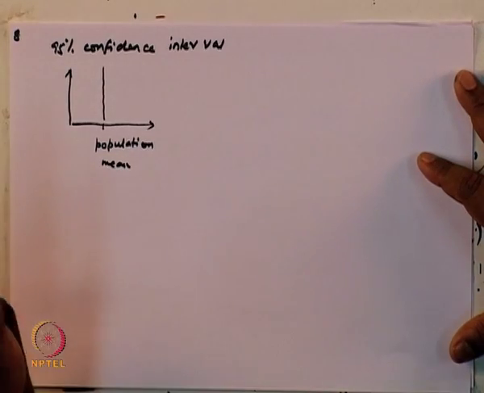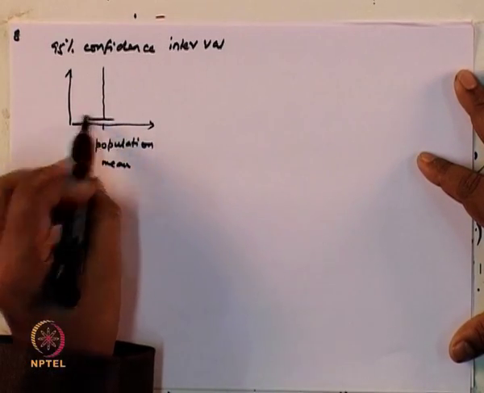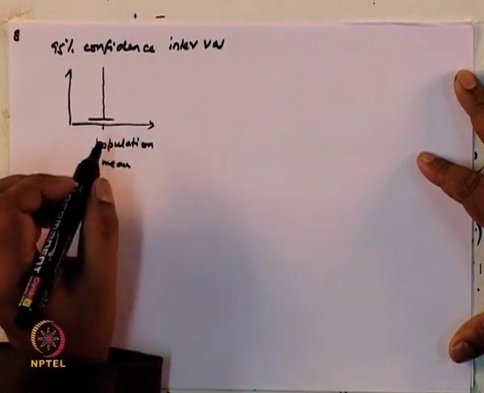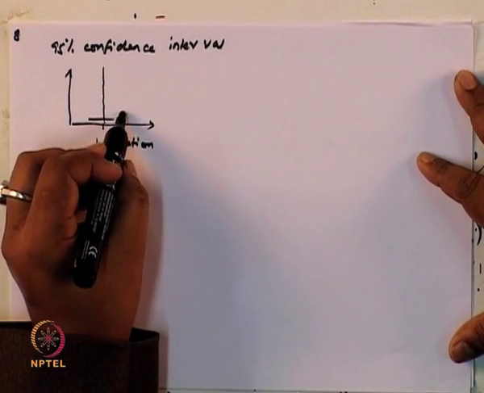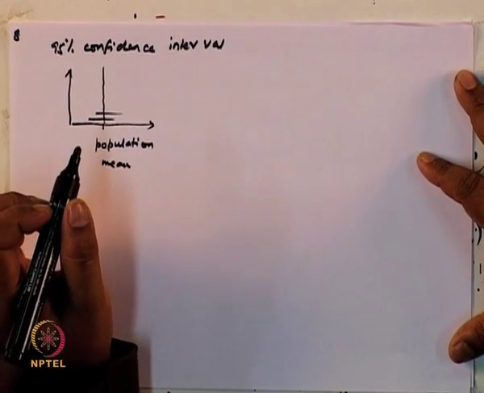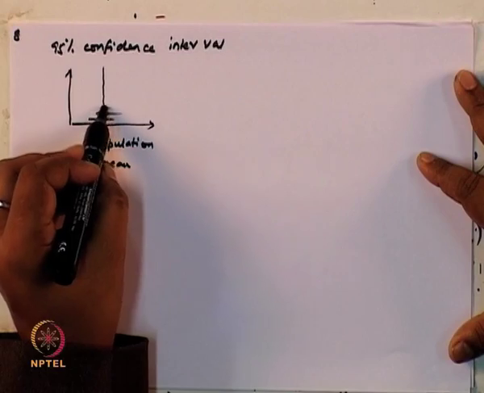Let's say you sample it once and you found the sample range interval to be between this and this. Similarly, another time you did it and you found a range which is somewhere like this. You get values between these two, and so on and so forth.